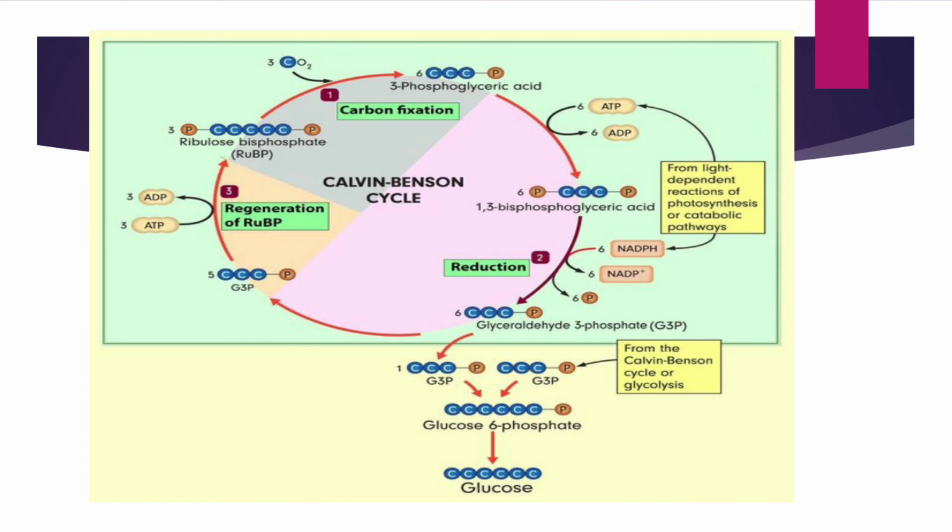These 3 molecules of ribulose 5-phosphate are converted into 3 molecules of ribulose bisphosphate by the addition of 3 ATP. The conversion of glyceraldehyde 3-phosphate into ribulose bisphosphate is the regeneration of RuBP. For 1 Calvin cycle, we utilize 3 ATP and 2 NADPH2.